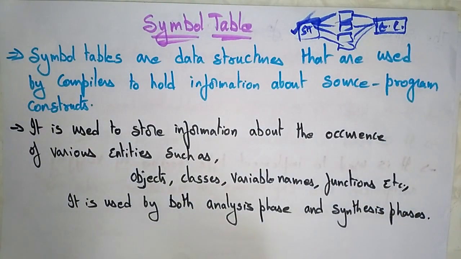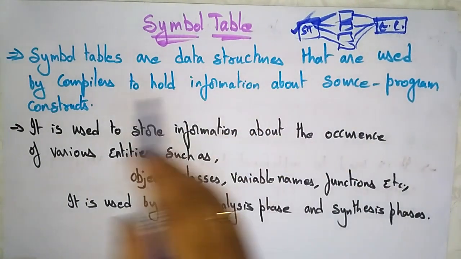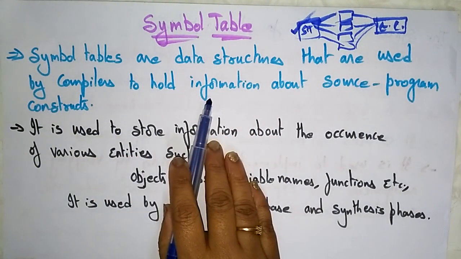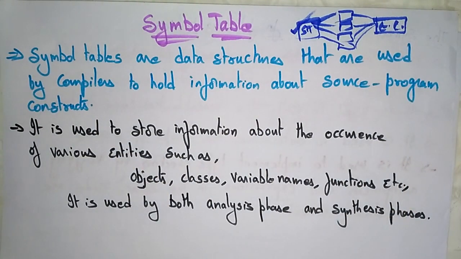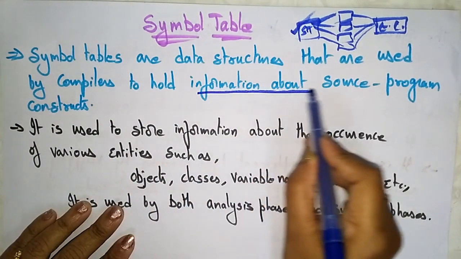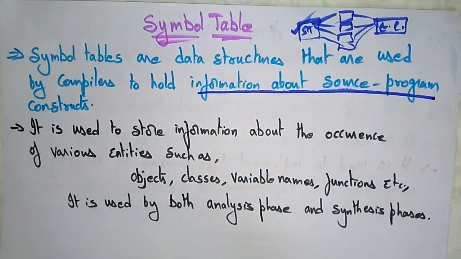Symbol tables are data structures that are used by compilers to hold information about the source program constructs. You are writing some source program and the compiler is going to convert the source program into the target program.